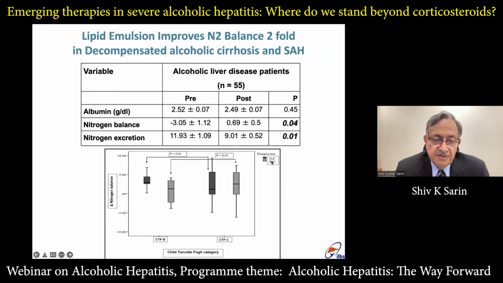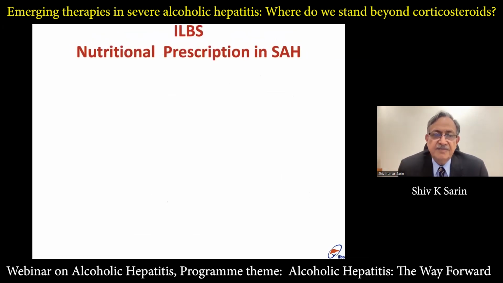What we were able to do is to have an improvement in the nitrogen balance. The nitrogen balance from -3 became positive by day 3 or day 4, 3 days we gave it. This is a huge advantage that nitrogen turnover is positive.